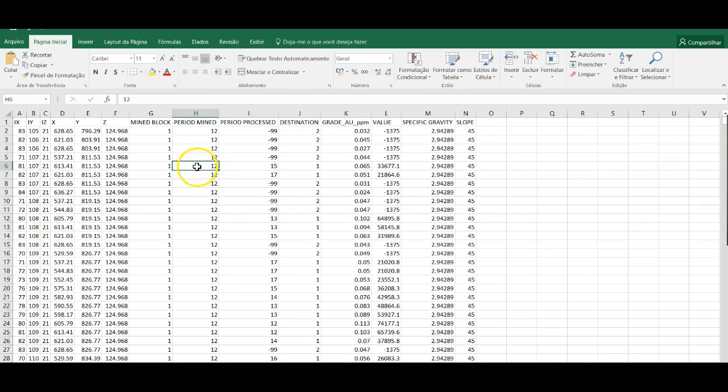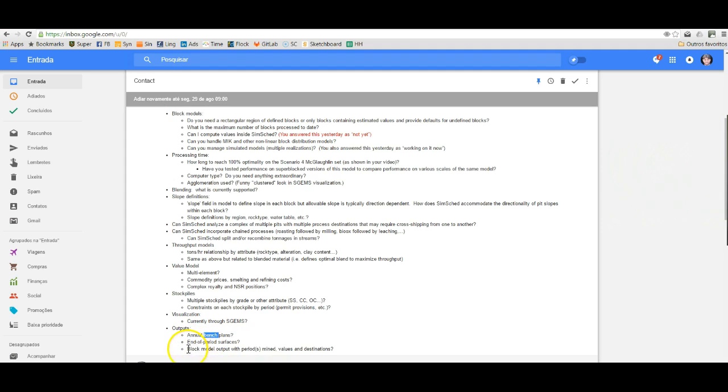For example, here it's mined in 12 and processed in 15. The destination, and the rest is just a copy from the input file, except for the value, which is only the value of the destination chosen, okay? Because the input file has many values, this is the chosen one. So I think with this I also answer this question.